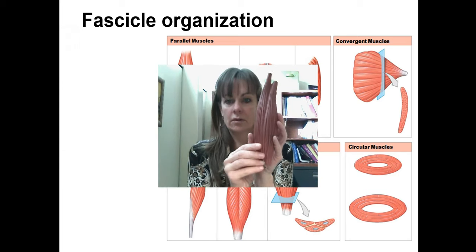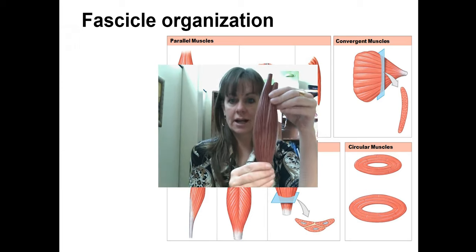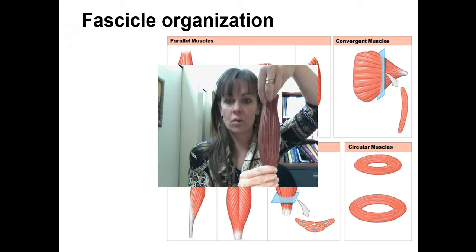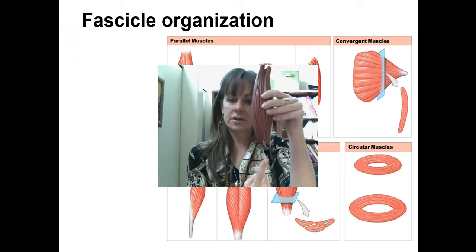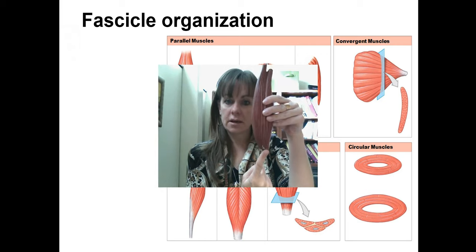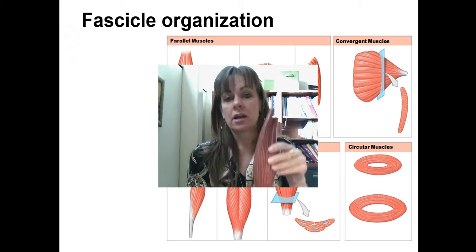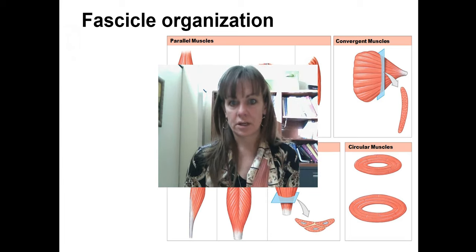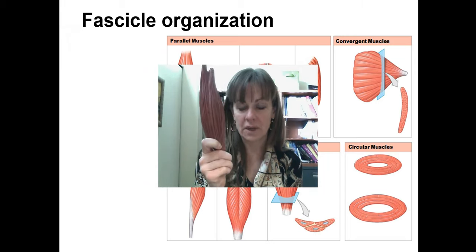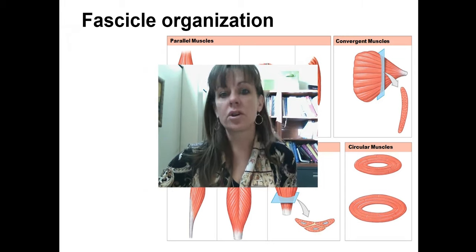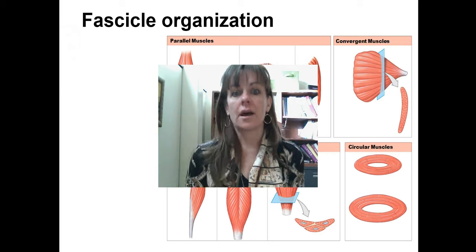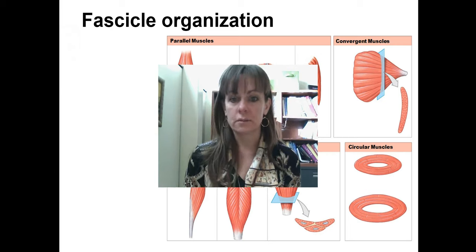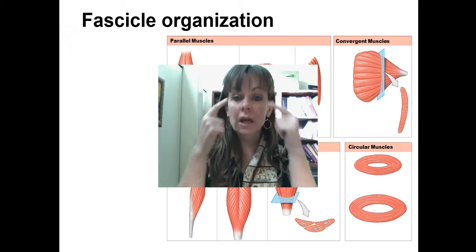Now this one right here, it contracts. All of the fibers are going in the same direction, so it contracts one way. But because it's directly pulling on this tendon on either end, that contraction is going to be very powerful in that one direction. So that's what parallel muscles do for us. Now circular muscles, you can imagine, there's a circular muscle right around the mouth, so you contract it. The same with your eyes.